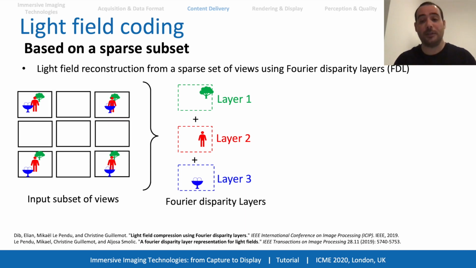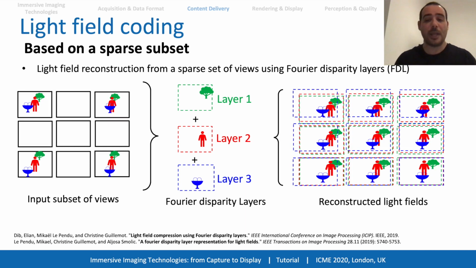The encoded subset is used to construct a Fourier disparity layer model. And missing views can be reconstructed with this model at the decoder side.